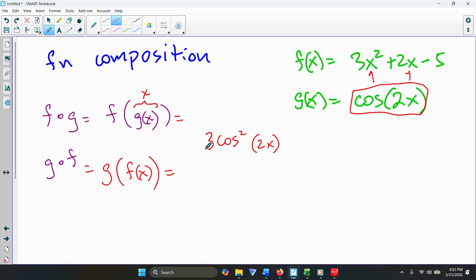So this is 3 in front of it, and then plus 2 times, well, x gets replaced by cosine of 2x. If you wish, for extra emphasis, put a parenthesis in here. That's not essential. And then minus 5. And there's my composition.